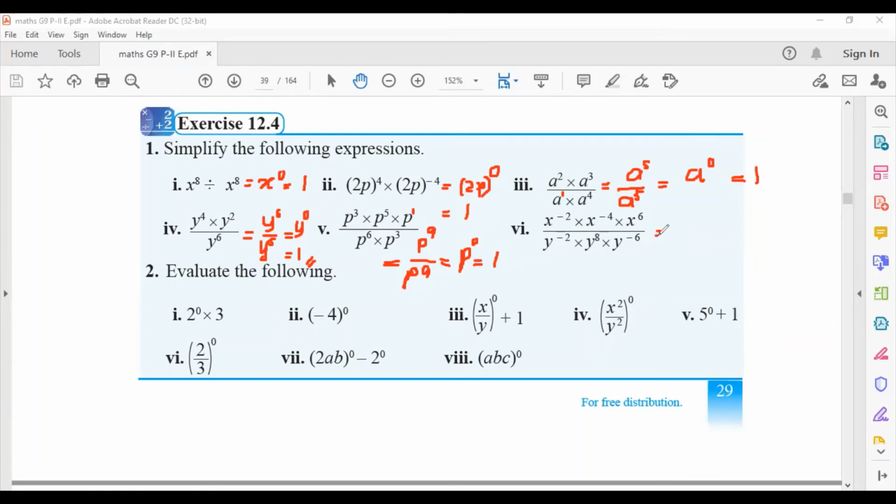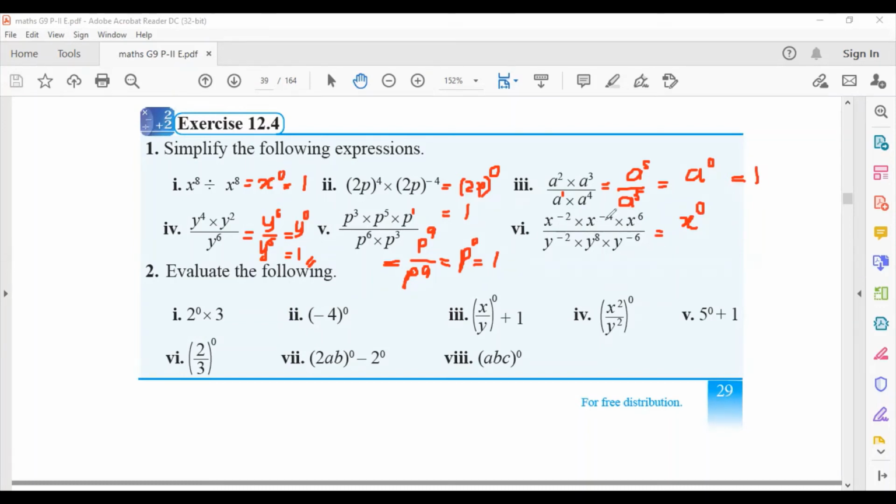Let's move to the sixth question. X to the power -2, x to the power -4, and x to the power 6 positive. -2 and -4 adding is -6. -6 addition +6 becomes x to the power 0 in the numerator, because when multiplying same bases, indices should be added.